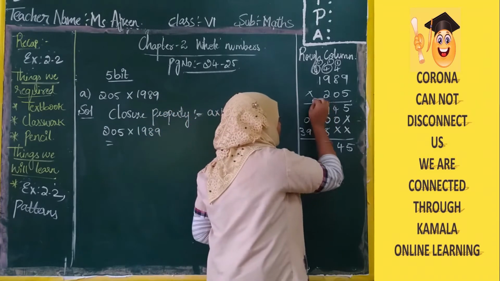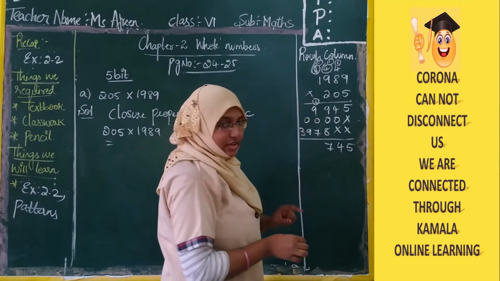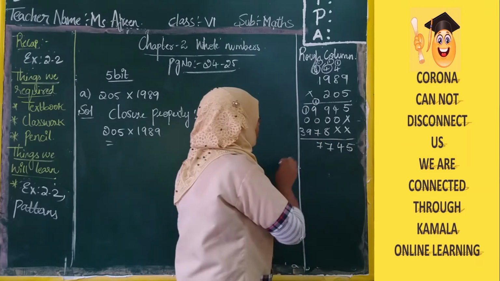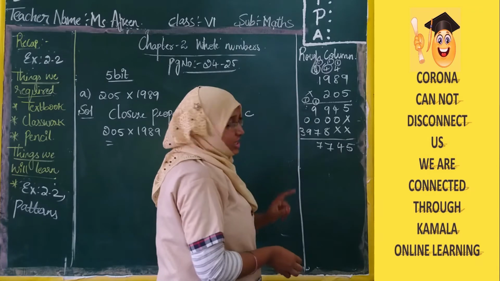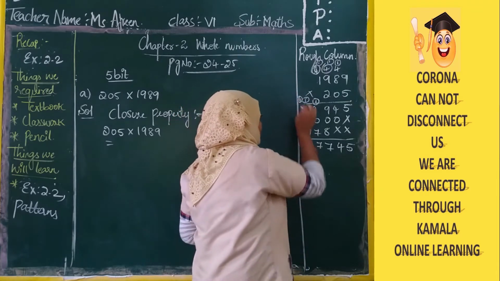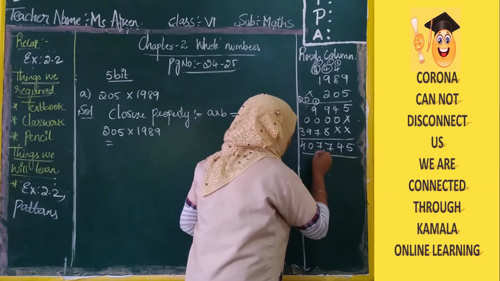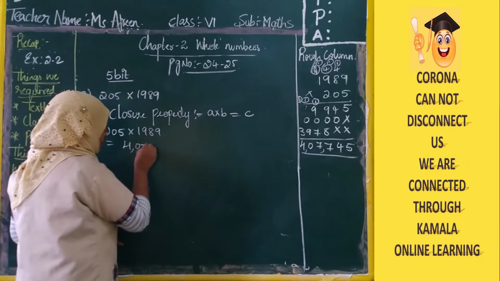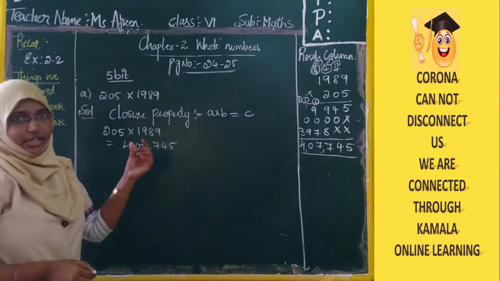So 1 we will write here and 7. Now 9 plus 1, 10. 10 plus 7 is 17. So 1 carry here, 7 we will write down. Next, 9 plus 1 is 10. So again 1 carry, 0. 3 plus 1 is 4. So if you put commas, it is 4,07,745. When we use all the properties, we should get the same answer.